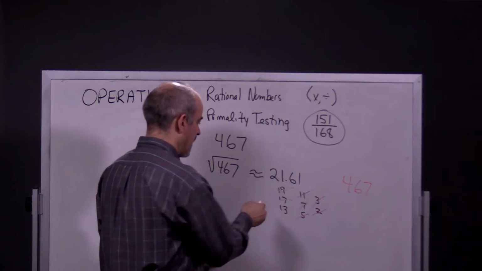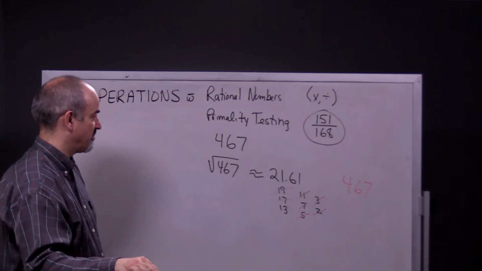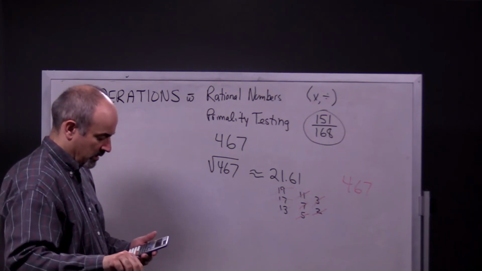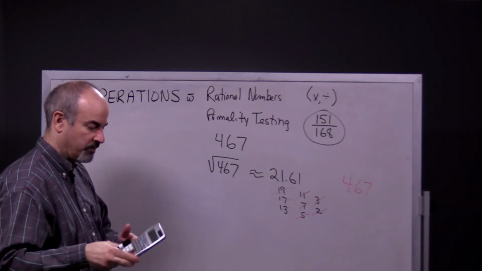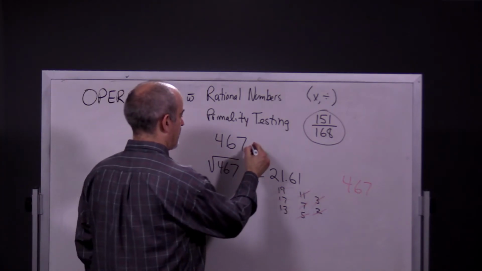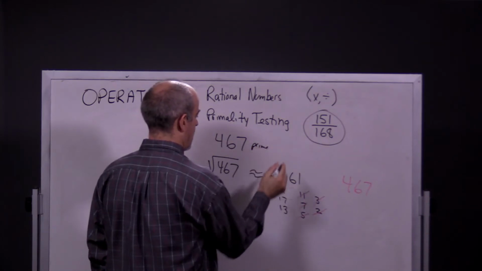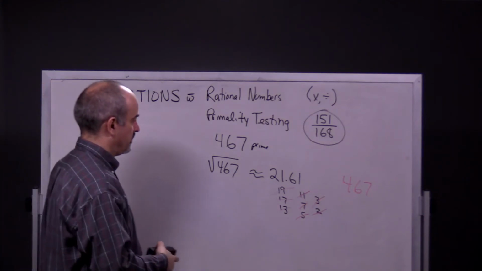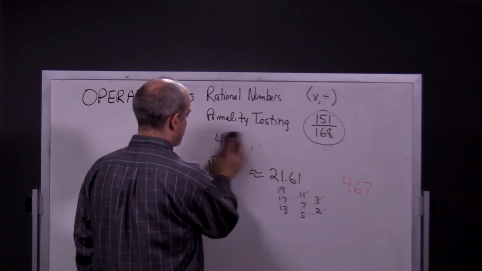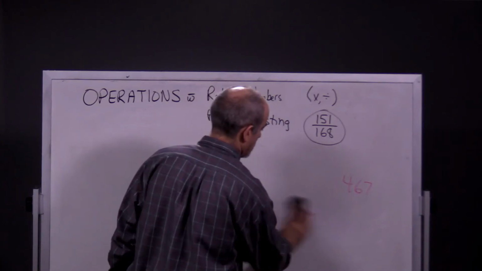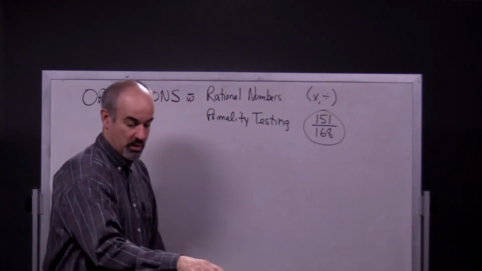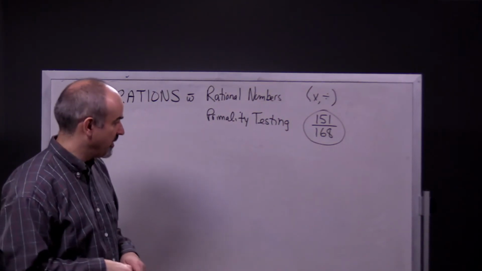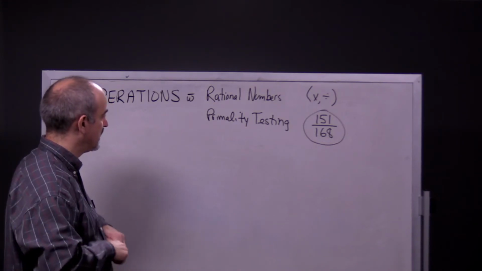Nope. So 467 is prime. Let's write that down. So 467 is prime. I didn't need to look it up on Google. I didn't need to check every number underneath it.